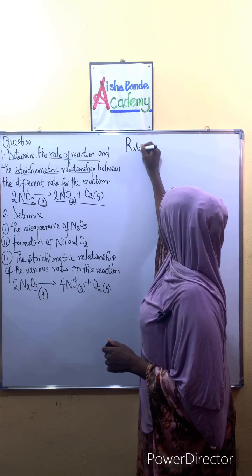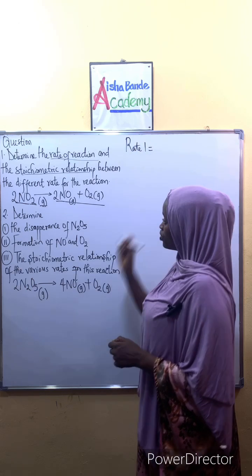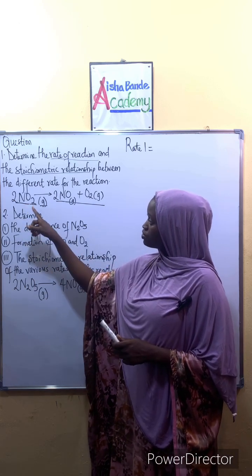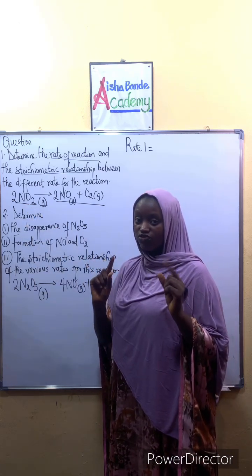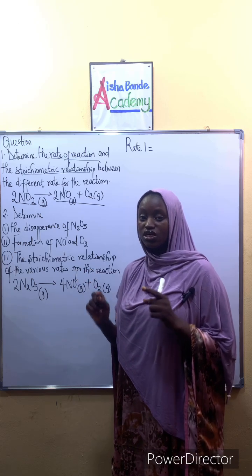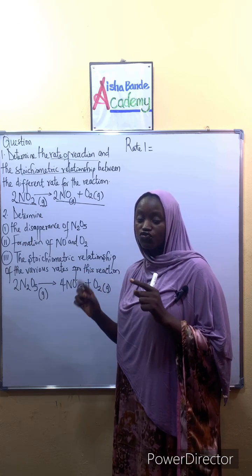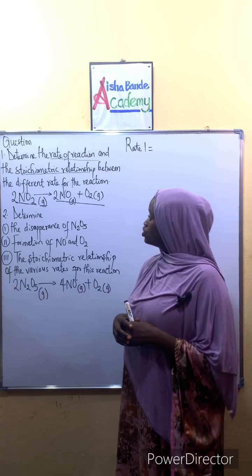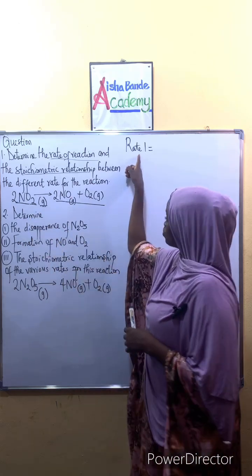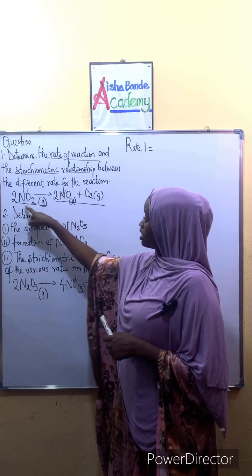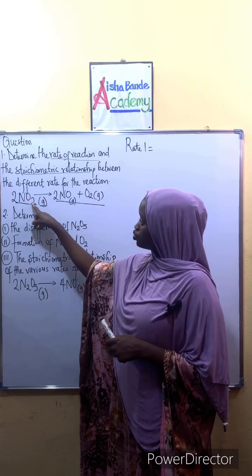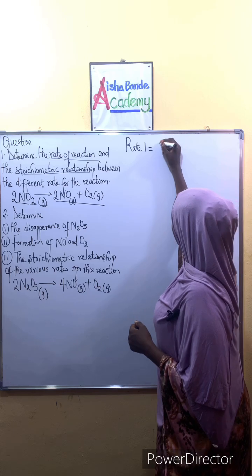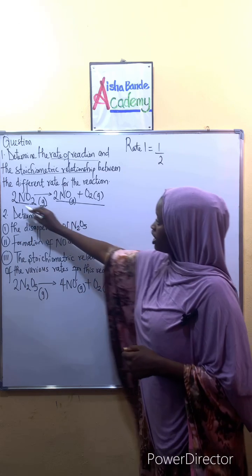So let's look at rate one, which is for the reactant. Remember the formula I stated for the rate of reaction, which is the change in the concentration of the reactant or product, all divided by the change in time. So for the first rate of reaction, that's for the reactant NO2, rate one is going to be 1 over 2 because here we have the 2.